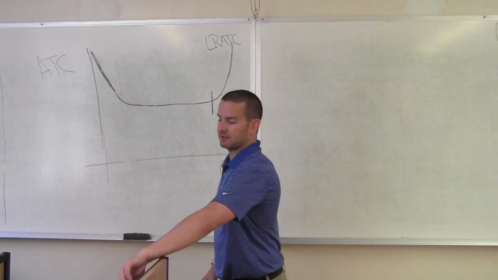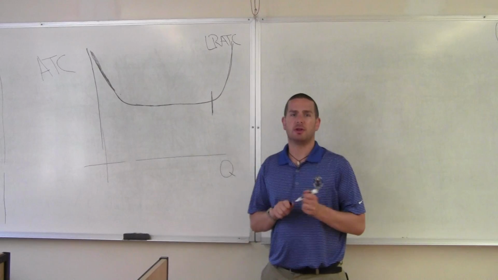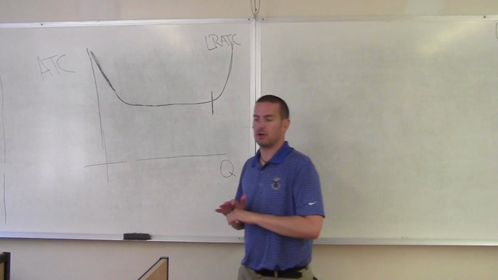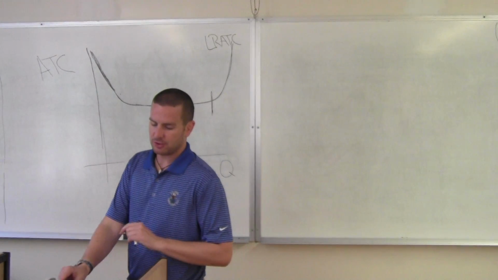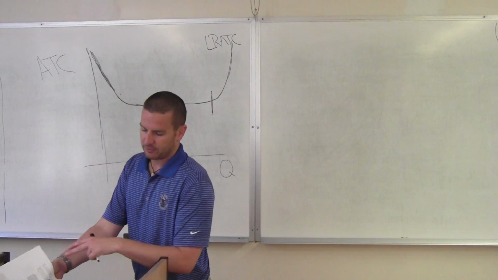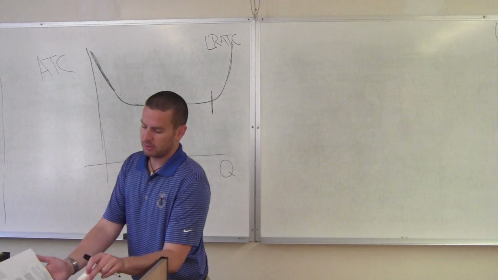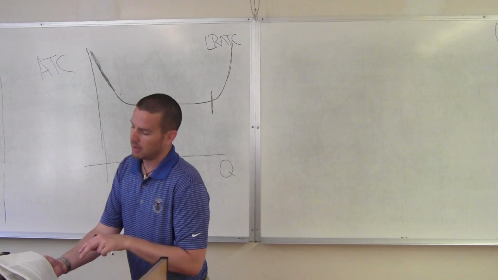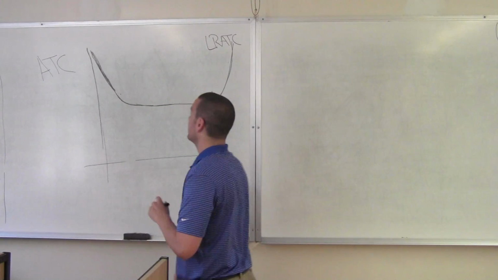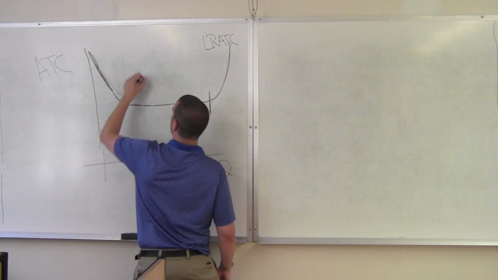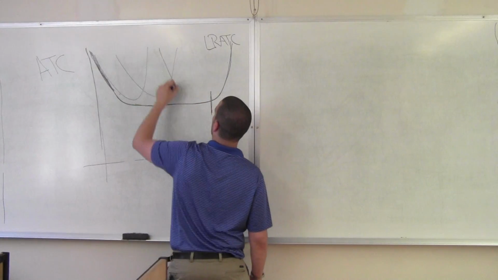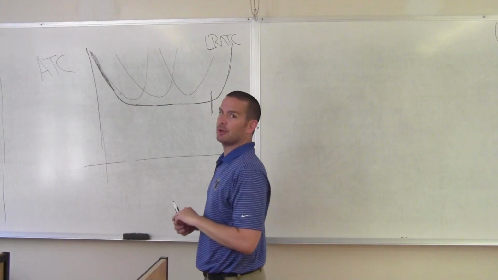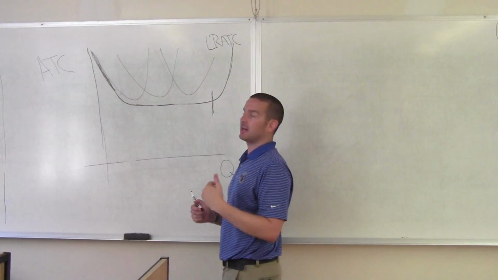It's derived from a bunch of average total cost curves, as you saw on pages 142, 143 and 144, where you have a bunch of average total cost curves. And then if you take out all of the unprofitable sections, right?